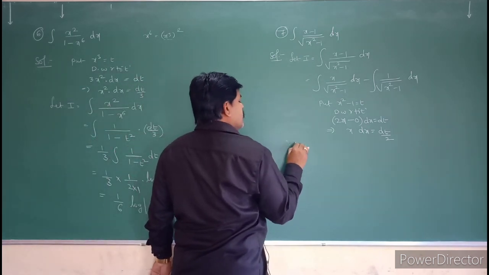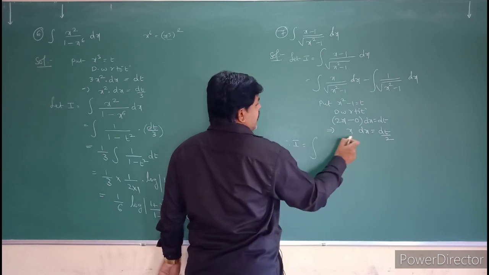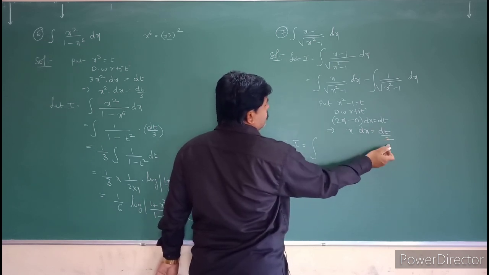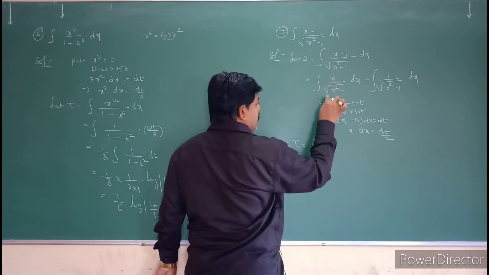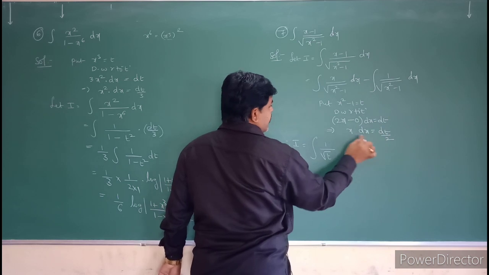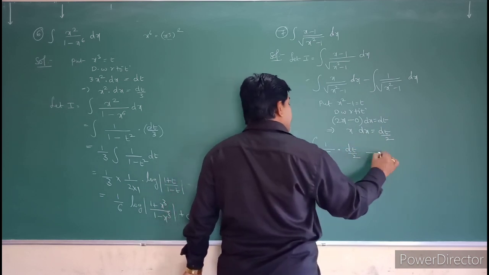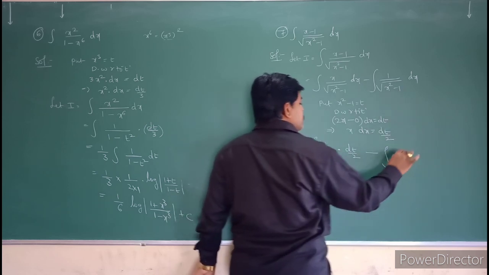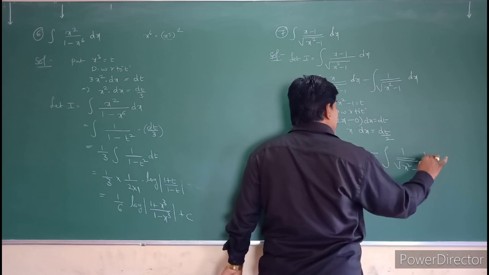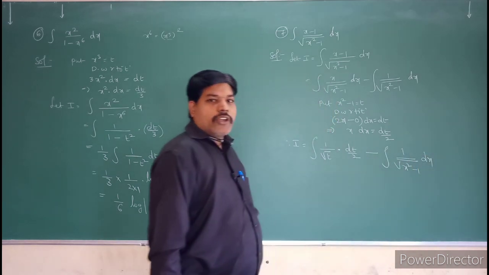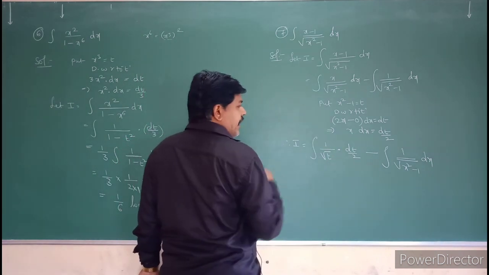Therefore I is equal to integral of x into dx, whose value will become dt by 2, times 1 by root t, minus integral of 1 by root of x square minus 1 into dx, which remains the same. So this 1 by 2 you can take out.